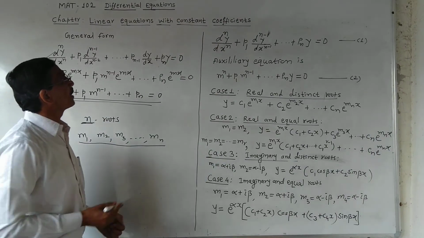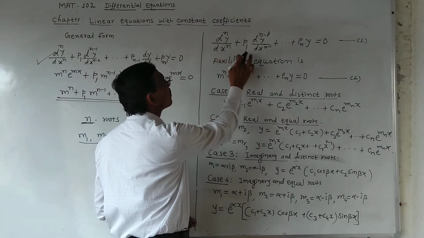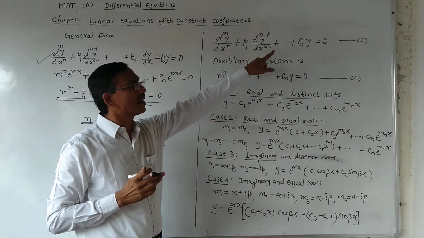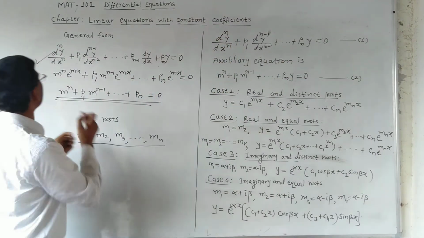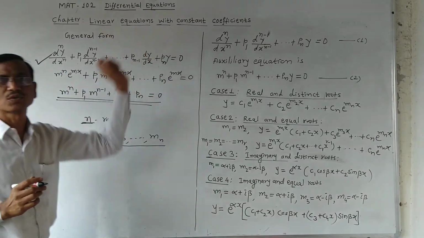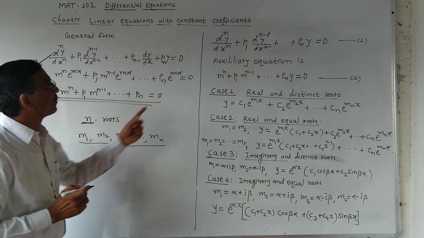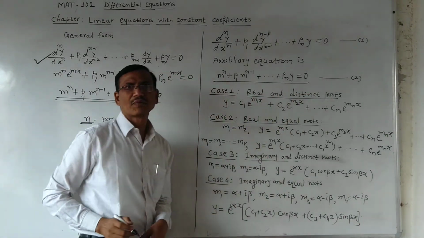Suppose this is the given differential equation, d^n y/dx^n + P1 d^(n-1) y/dx^(n-1) + ... + Pn y = 0. That means I have written the same equation with right hand side equal to 0. In this manner, we can write its auxiliary equation, which is denoted by equation 2.